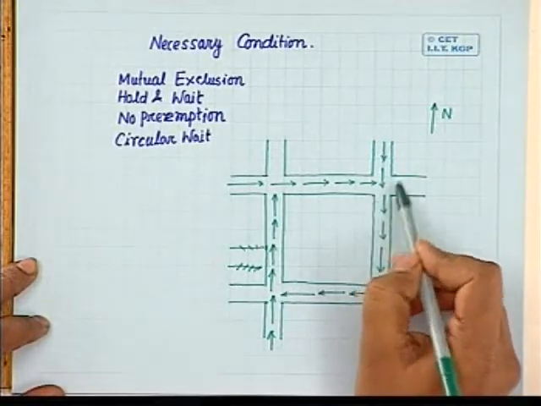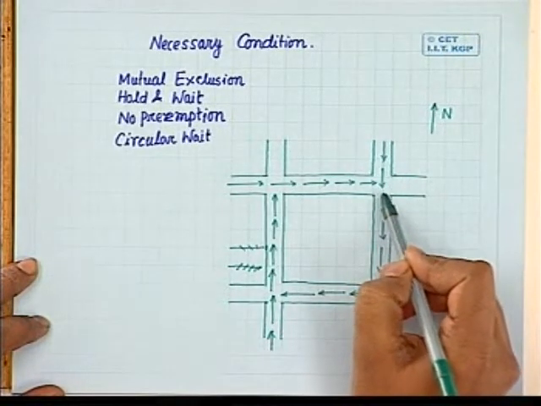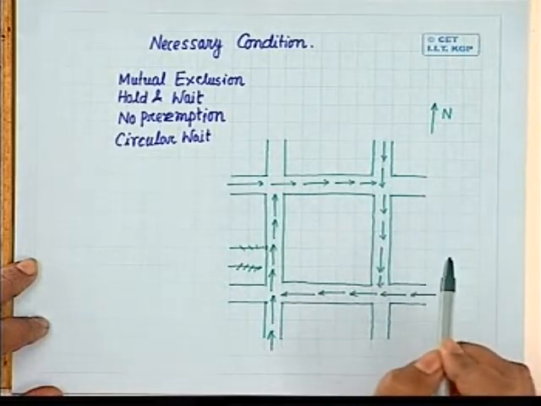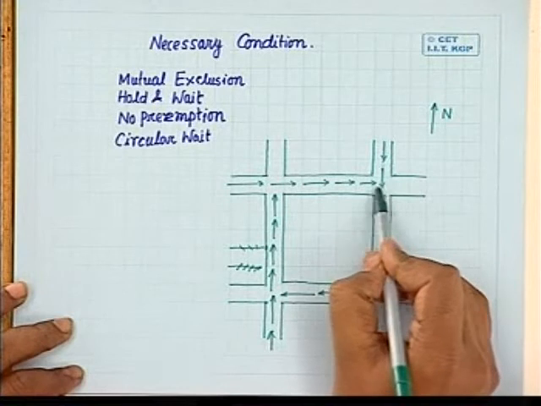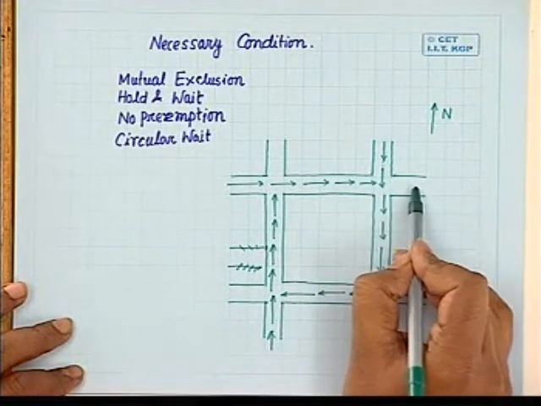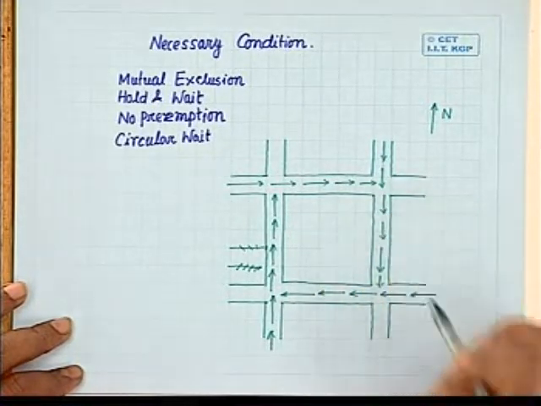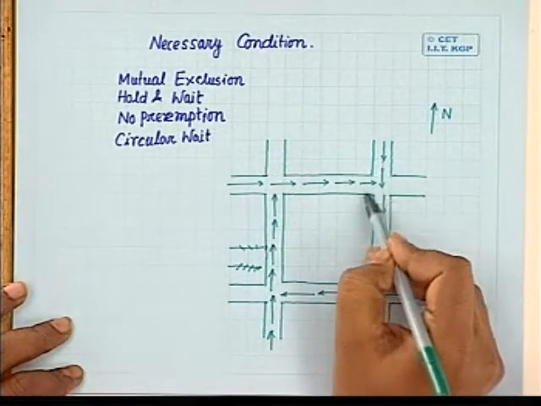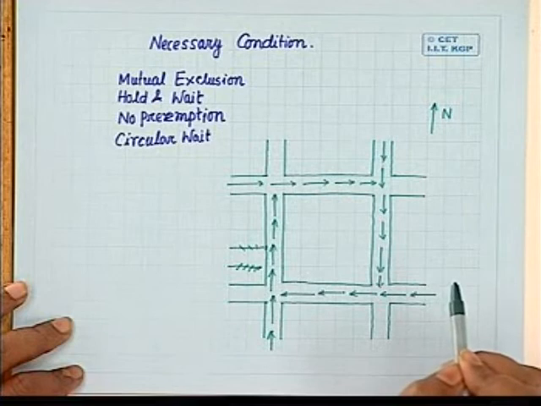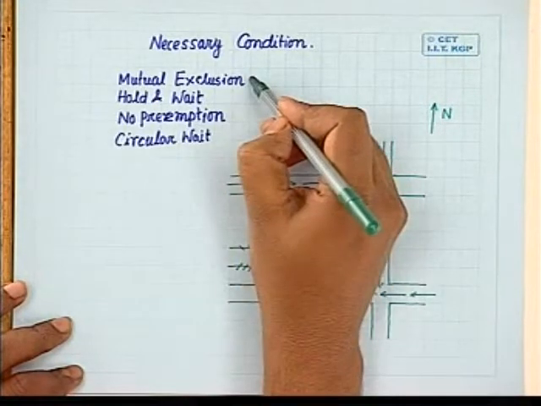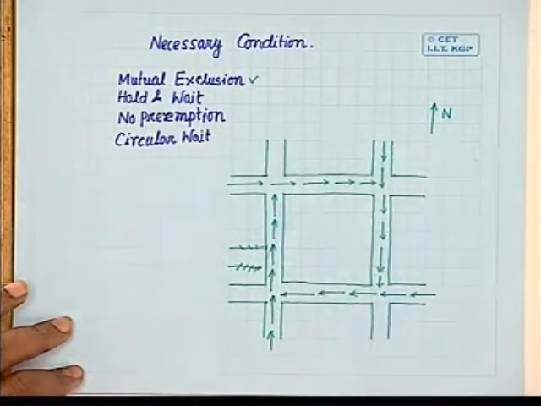On each of these junctions, traffic can move only in one direction at a time. I cannot have traffic moving in both the directions. So here I cannot have traffic moving in the east direction and traffic moving in the south direction simultaneously. That means the use of these junctions are mutually exclusive. So this mutual exclusion is present in this example.